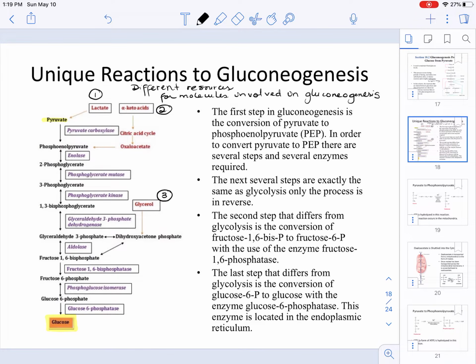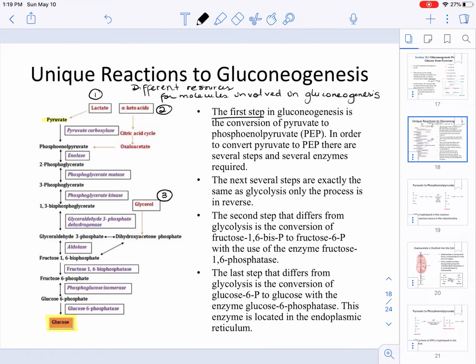Now, if we look directly at gluconeogenesis, the difference between gluconeogenesis and glycolysis is at the following steps. The first difference between the two processes is at the first step. So remember, gluconeogenesis is going to be the reverse reaction from glycolysis.